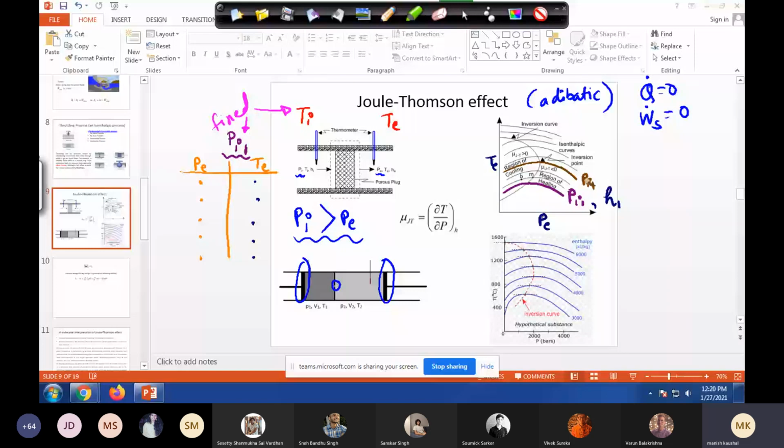So this way, you fix your inlet pressure at some value, P_i4, let's say, and then you play with the exit temperatures. Again, you will get the same kind of data for P_i4 also, and then again you plot it. This way, you draw this isenthalpic curve. Let's say this is for enthalpy H4.